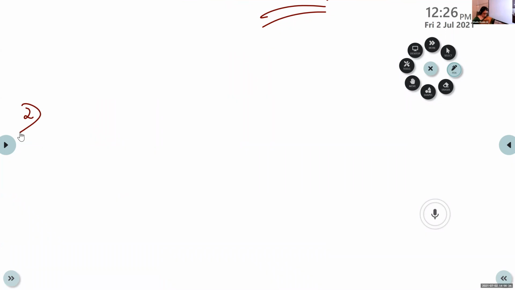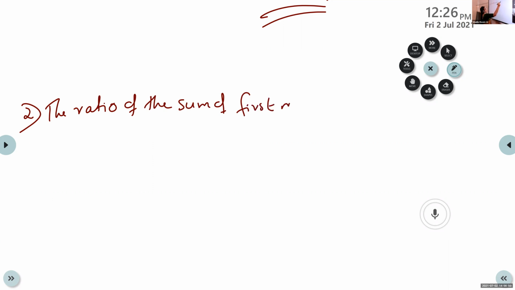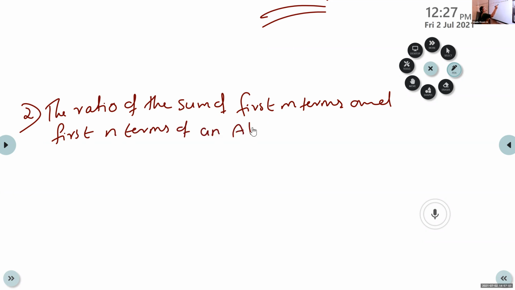Second question. The ratio of the sum of first m terms and first n terms of an AP is m square is to n square.